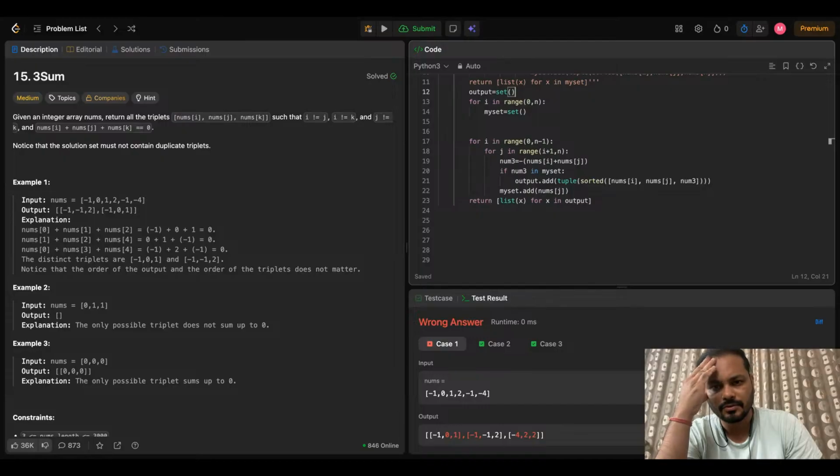My result will be this output, which is in the form of a set, for j in range.